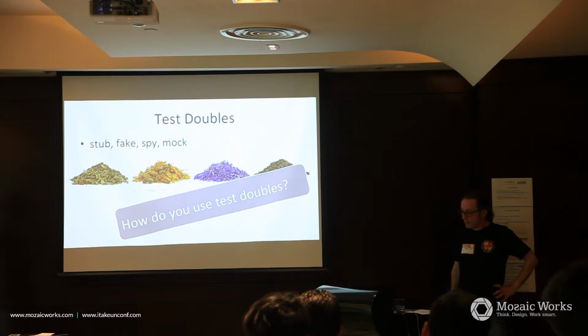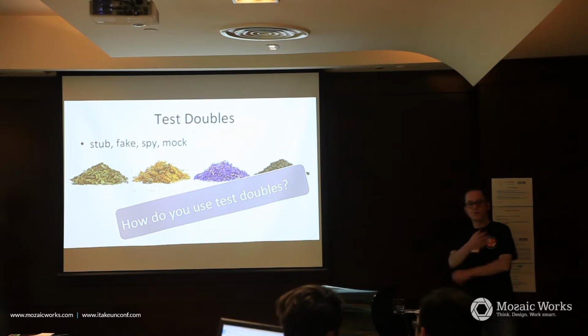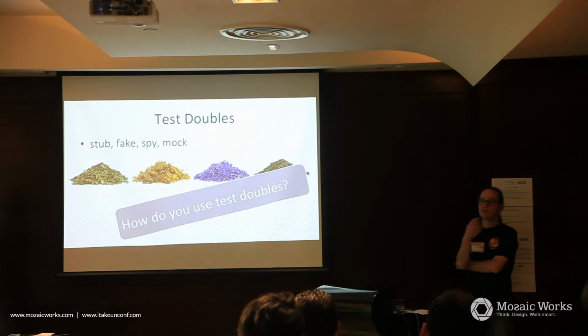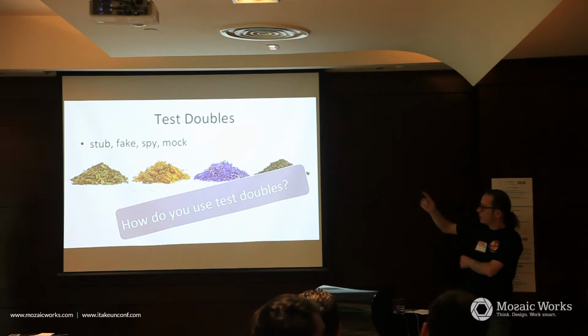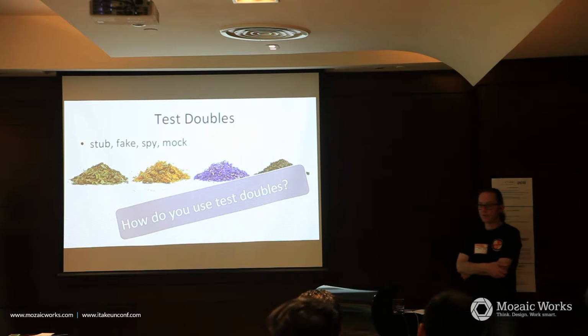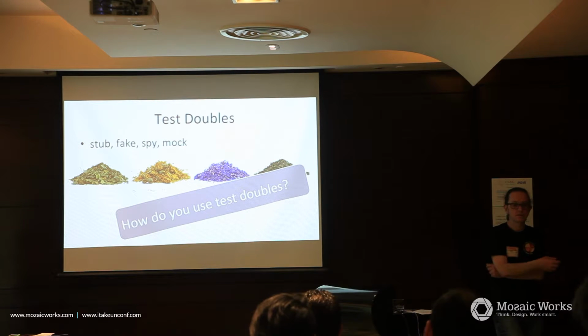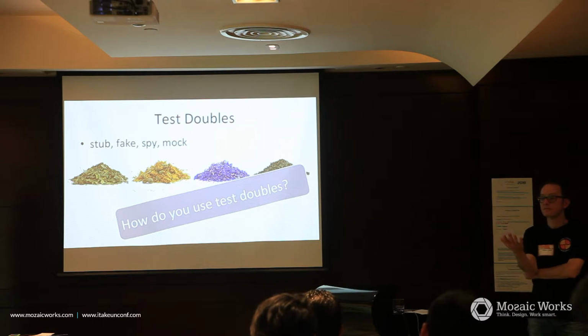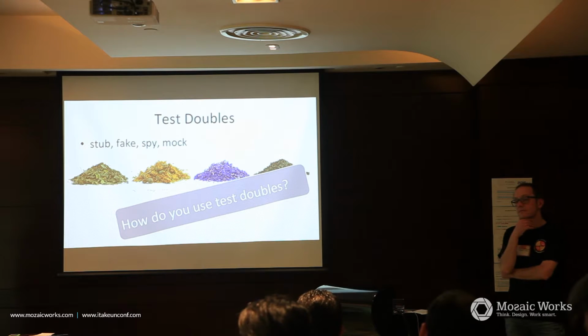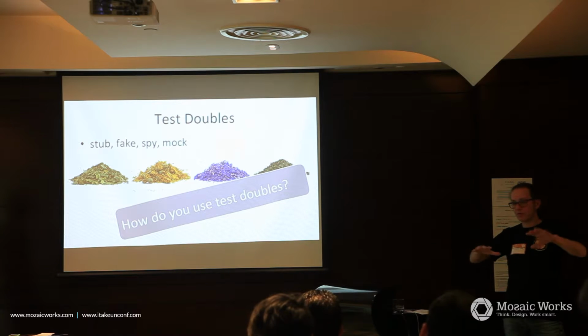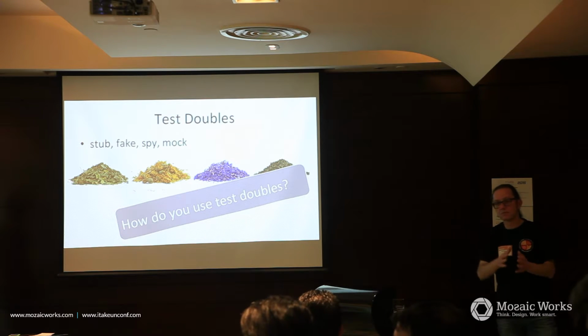So, what is your usual way of using test doubles? Which color would you choose for your daily work? What do you do most? Stubbing, spying, mocking, faking? It's a combination of mocking and stubbing. 50-50, or more stubbing, more mocking?